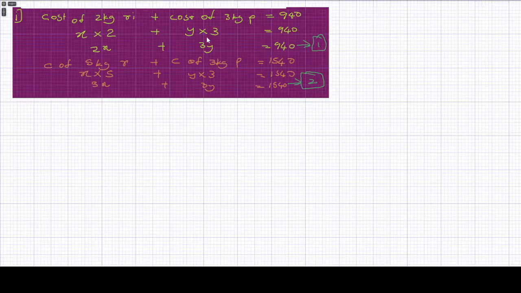Right. So the first thing I'll do is write the two equations one under the other. The first one is 2x plus 3y equals 940. That's the first equation. And the second equation, the orange one, is 5x plus 3y equals 1540.